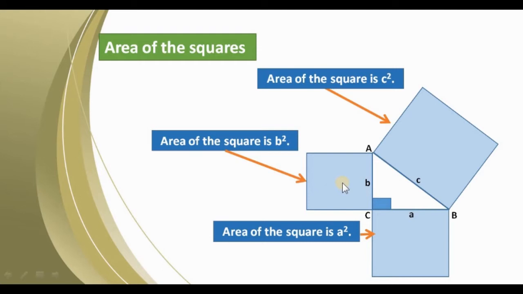The area of this square, being B side, is B square. As the side of this square is A, therefore the area of this square is A square.